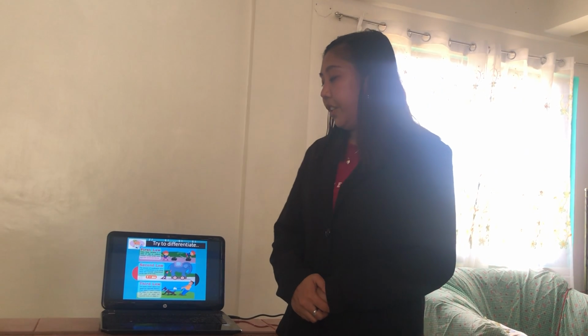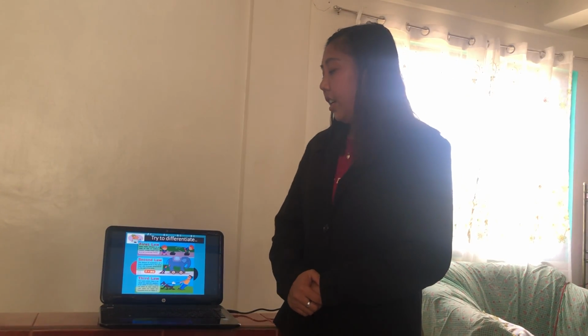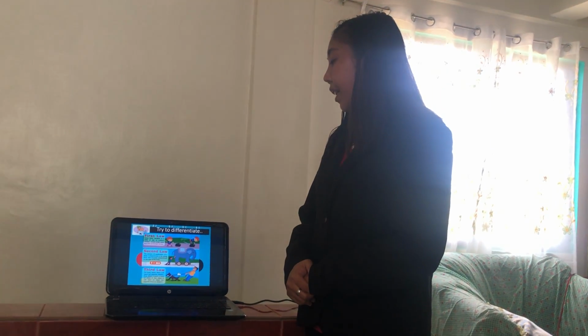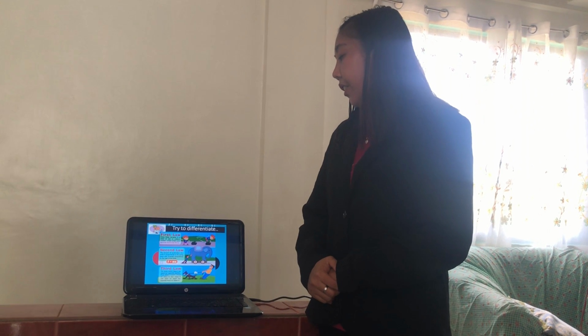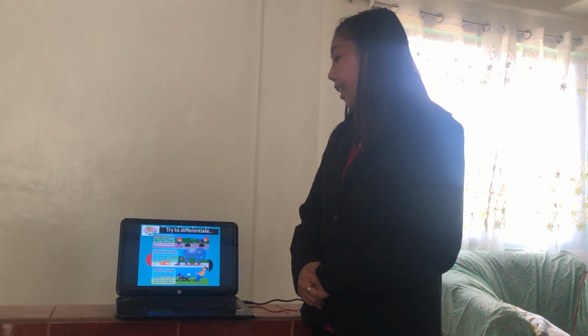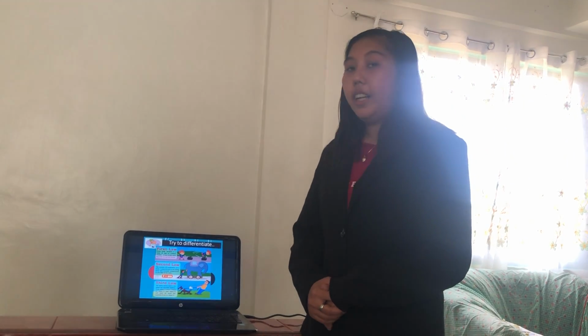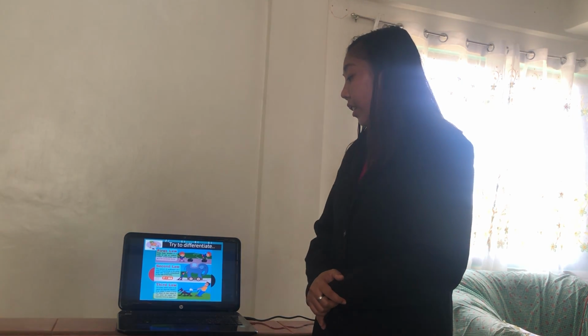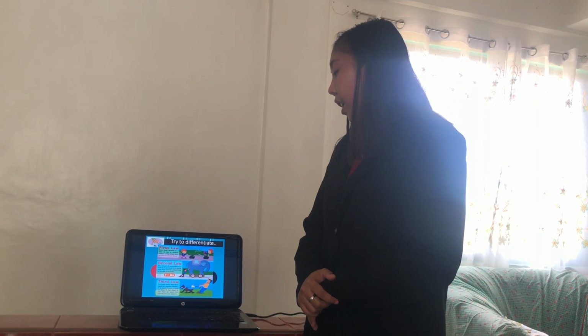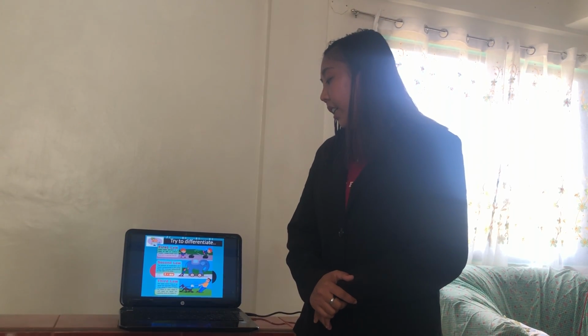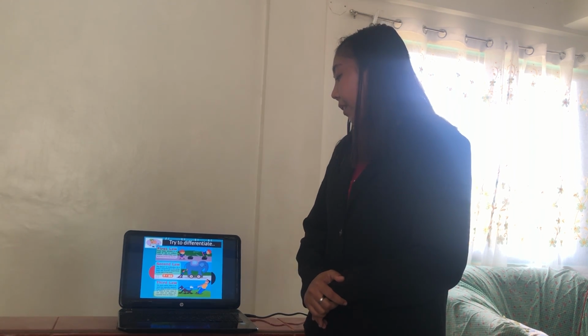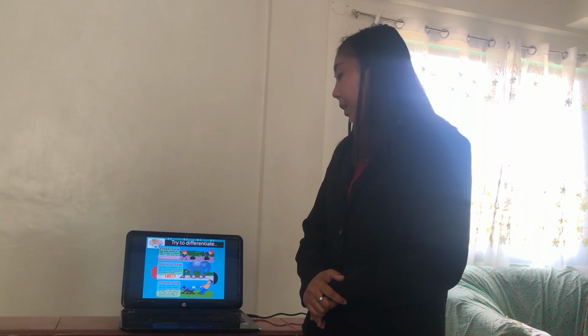So try to differentiate the three laws of motion. The first law: every body remains in a state of rest or uniform motion unless acted upon by a net external force. The second law: the amount of acceleration of a body is proportional to the acting force and inversely proportional to the mass of the body.